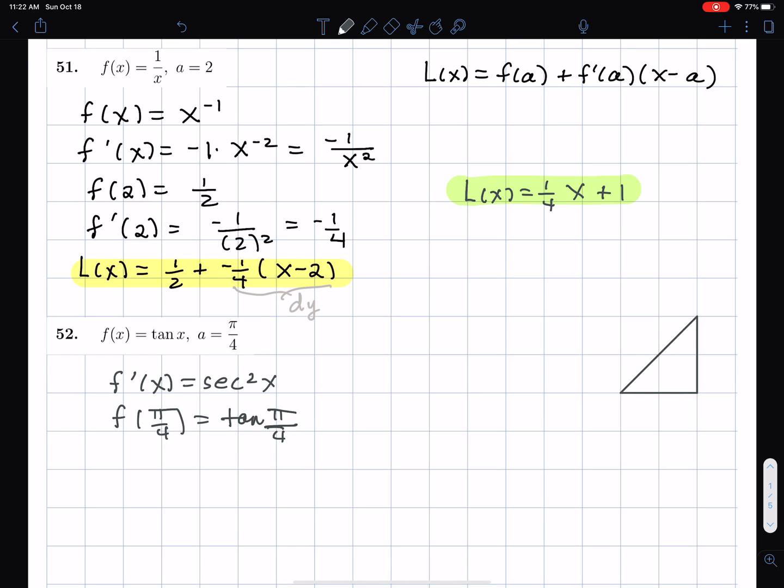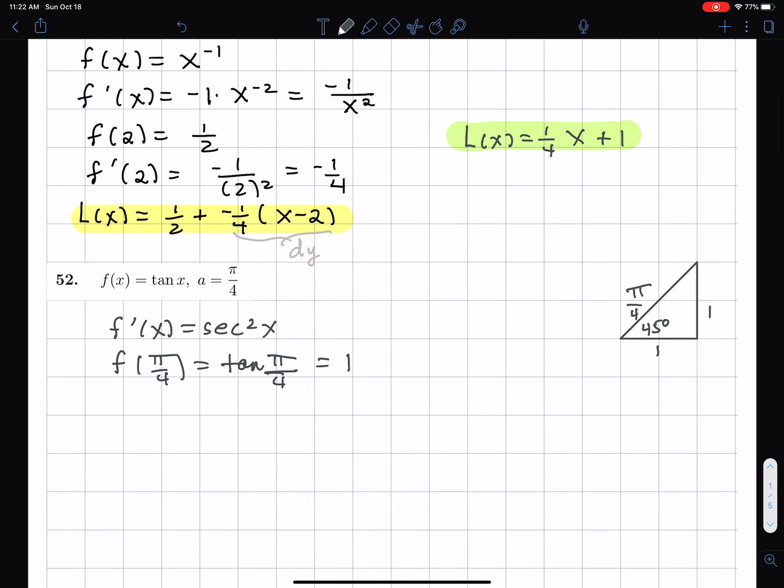So I'll just draw a little sketch here, but pi over 4 corresponds to 45 degrees, and tangent is opposite over adjacent, so that value is 1 divided by 1, that gives 1. And then f prime of pi over 4 is secant squared pi over 4.